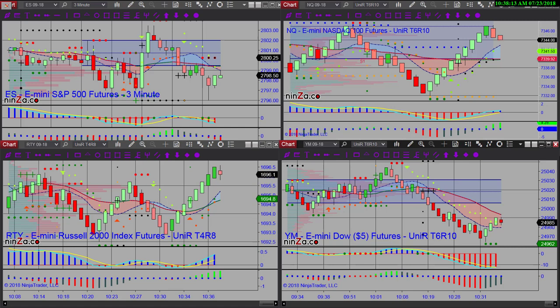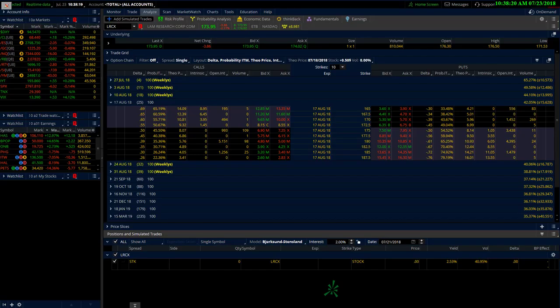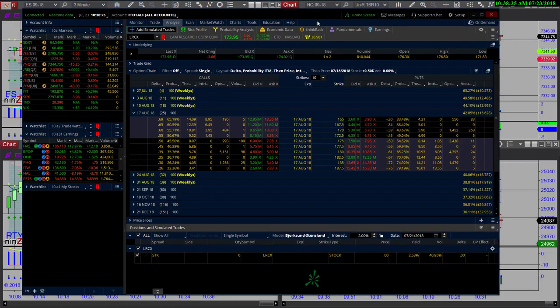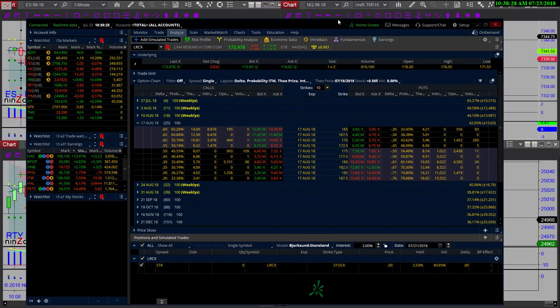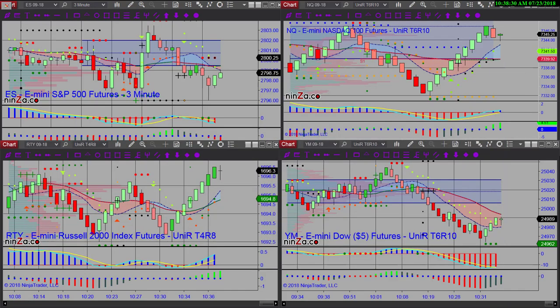My overall bias is that the markets are pulling back a little bit, but they're still looking bullish. So that's the overall overriding. Oops, didn't mean to do that. And the ES is basically flat. Nasdaq's down 15, Russell down 2 and Dow down 40. Whoop-de-doo.